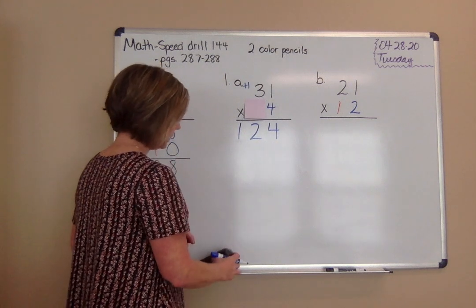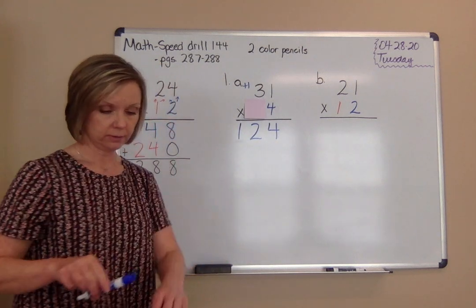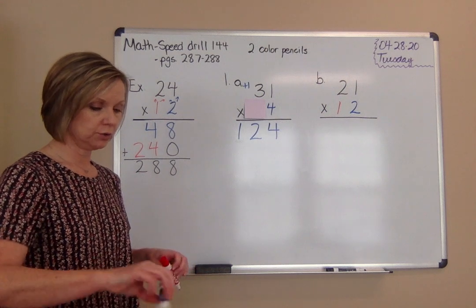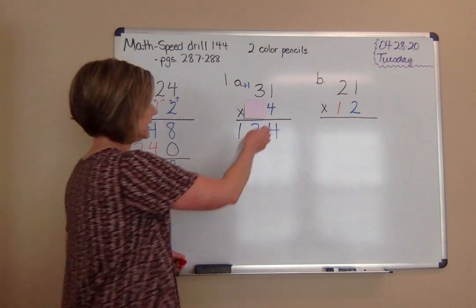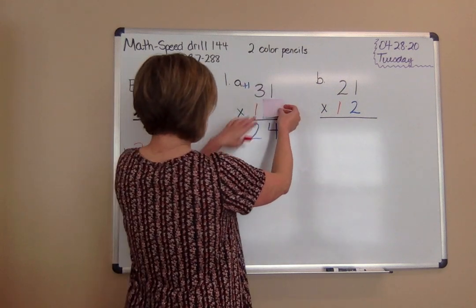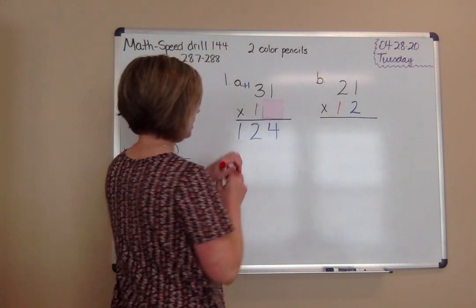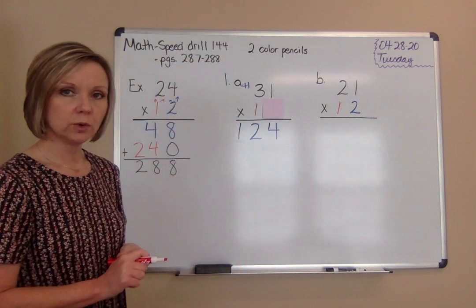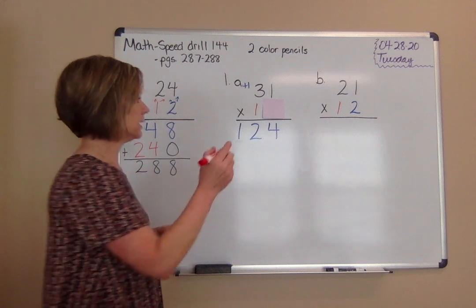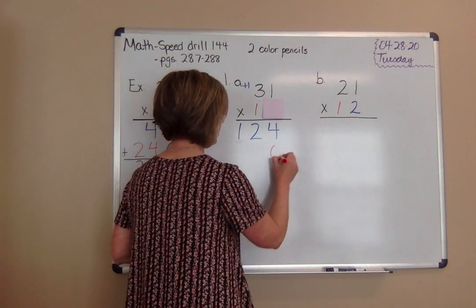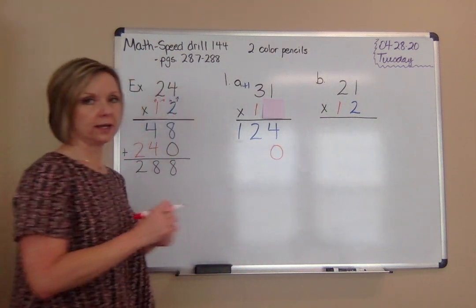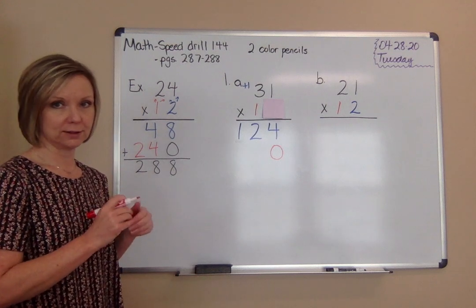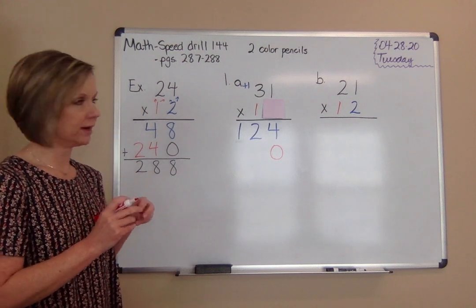Okay, so now I'm going to come over and use my tens place. I'm going to cover up my 4. And the next thing I'm going to do before I start is the hero 0. You cannot forget that, or you're just going to push your places over and they're not going to add up correctly.